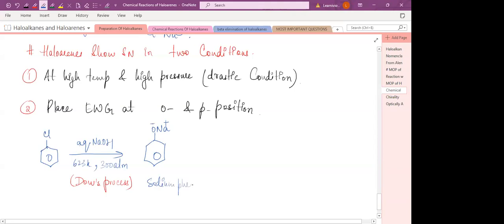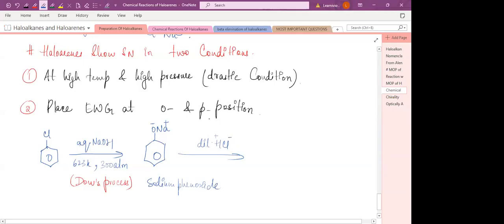First, it forms the sodium phenoxide, and in acidic condition, when you give dilute HCl, it will give H plus ion, and this is your Cl minus.